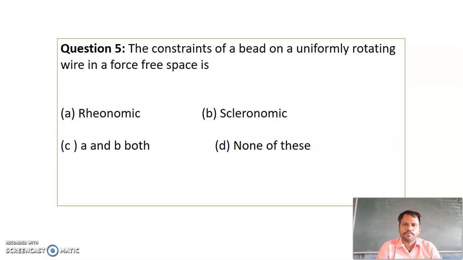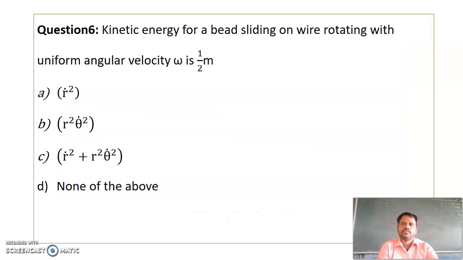Question number 5. The constraint of a bead on a uniformly rotating wire in force-free space is a rheonomic constraint. Question number 6. Kinetic energy of a bead sliding on a wire rotating with a uniform angular velocity omega is, in plane polar coordinates, half m times r dot square plus r square theta dot square.